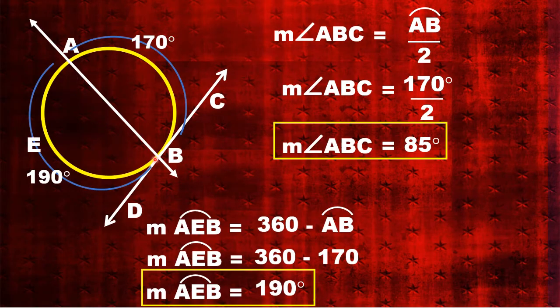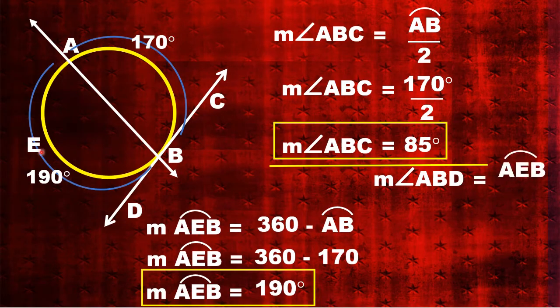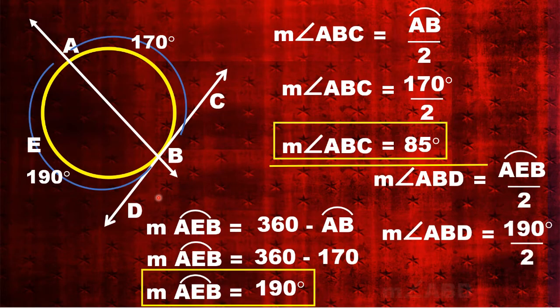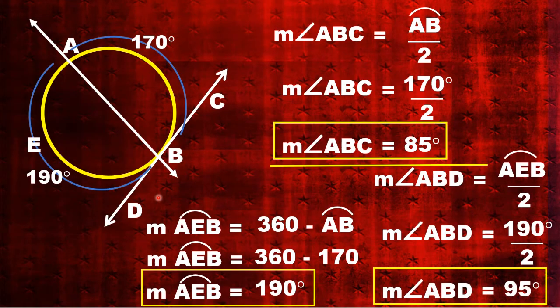Makukuha na natin ngayon yung angle ABD, yung left side of the angle. Angle ABD is equal to kung ano yung intercepted arc niya, which is arc AEB divided by 2. And that is 190 divided by 2, which is 95 degrees. Ayan.